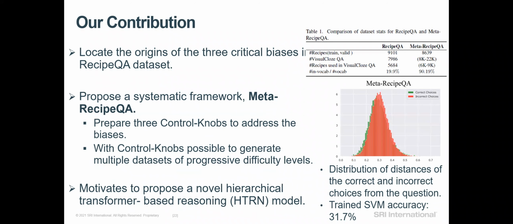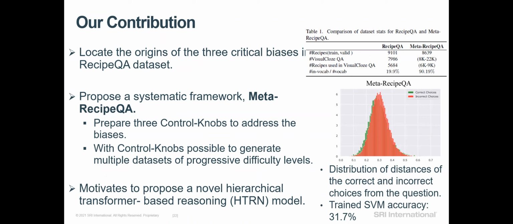So what we ended up doing was we prepared 3 control knobs to address these biases, right? We, of course, proposed a novel hierarchical transformer-based reasoning method. This method, I would argue, is not all that different from whatever people have used with the transformers.